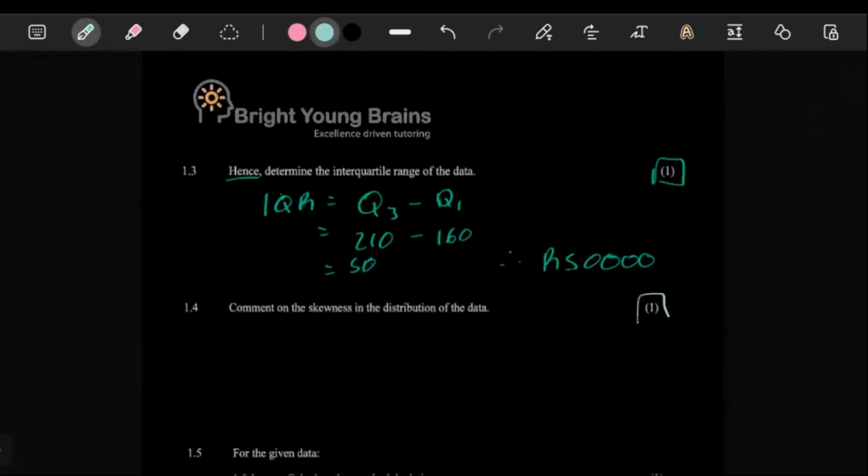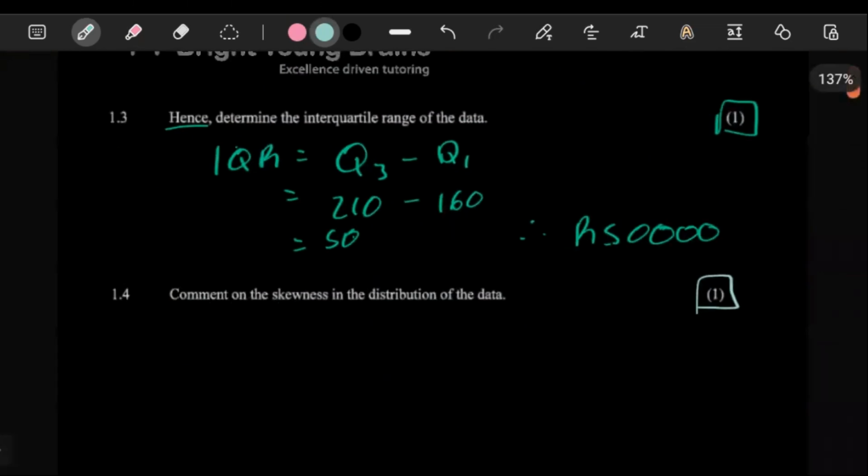For 1 more mark here, they said comment on the skewness in the distribution of the data.